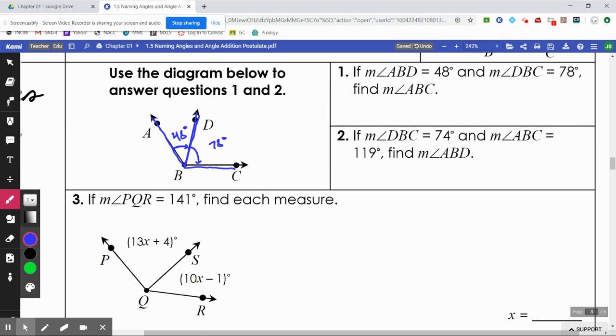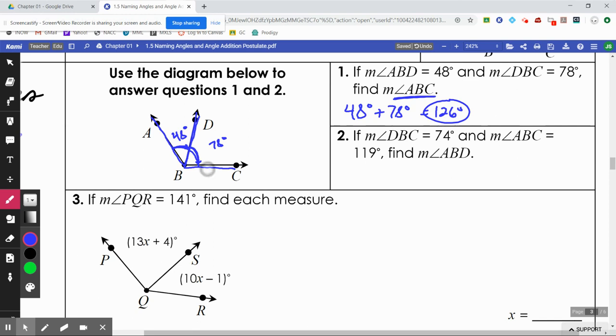So you opened it 48, then 78 more. How many degrees did you open it? You simply do 48 degrees plus 78 degrees, which will tell you the measure of the big angle, which is what you're looking for. That will be 126 degrees.